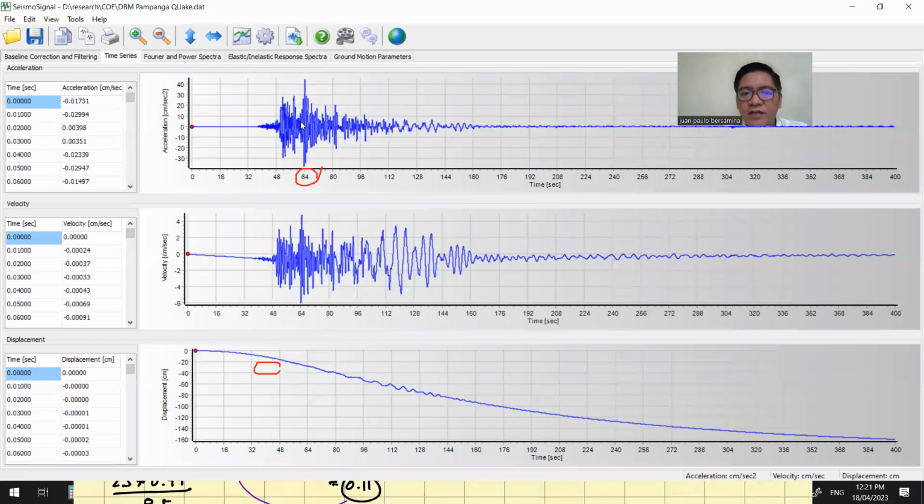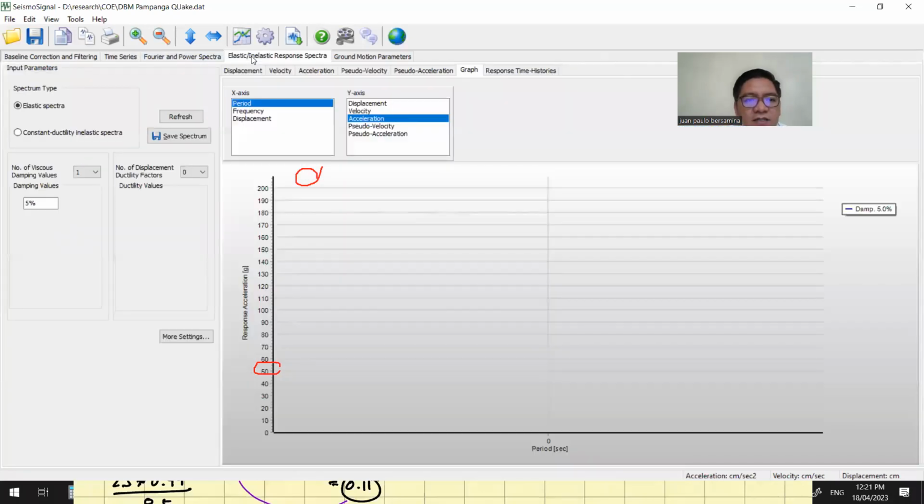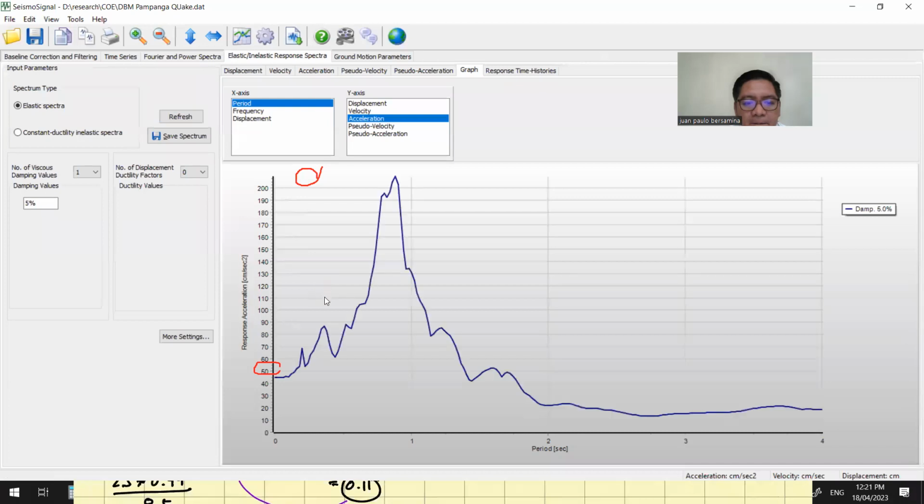And take note, itong recordings na to sa DBM, just across the bridge lang. So, elastic, fresh. Naka-units na siya ng centimeter per second squared. So, ang 200 centimeter is just 2 meter per second square. 2 meter per second square is only 0.2 G. Na-imagine nyo, no?